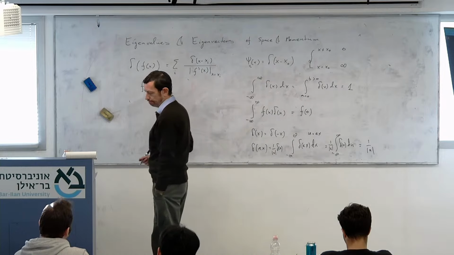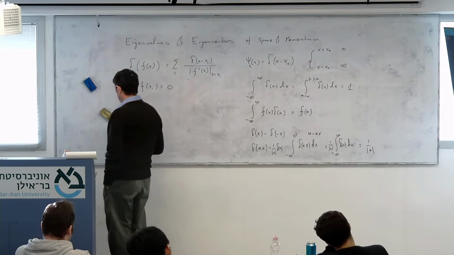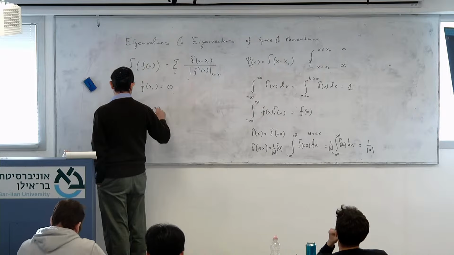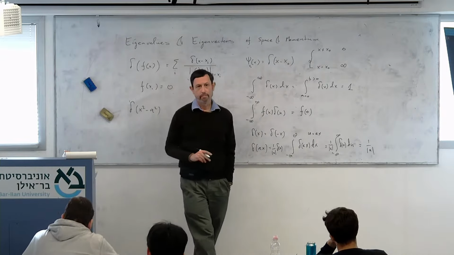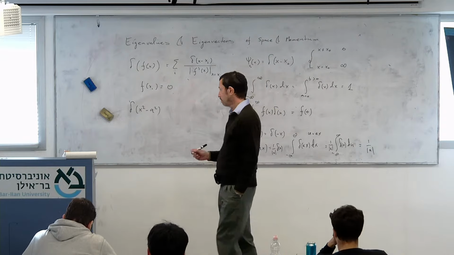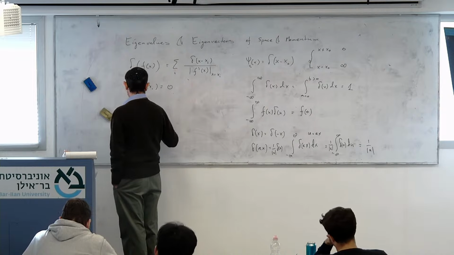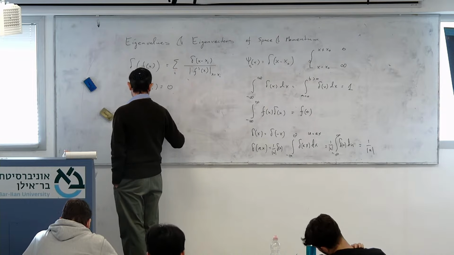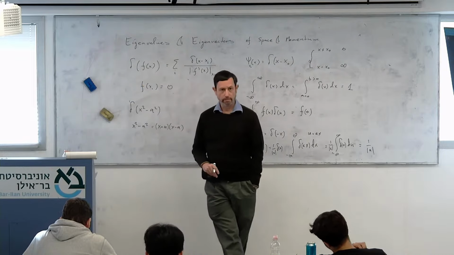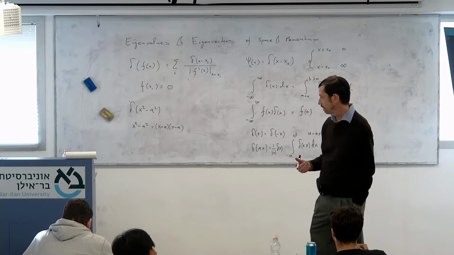For example, x squared minus a squared could be written as x plus a times x minus a, which has zeros at a and minus a.